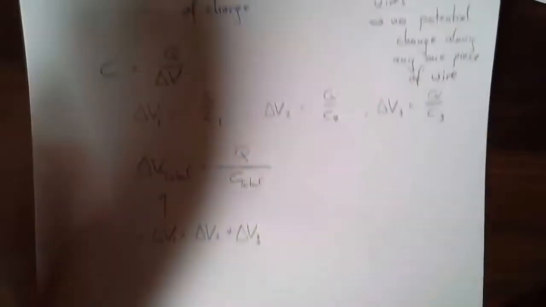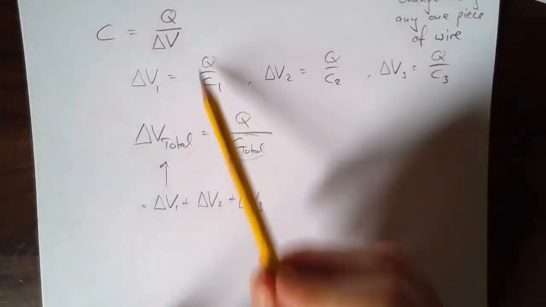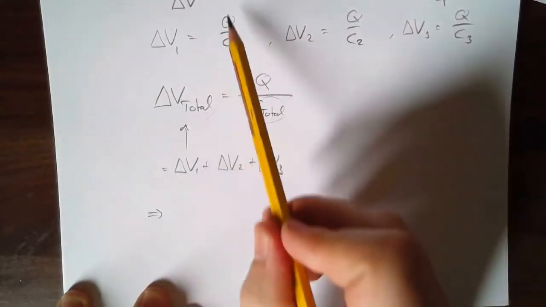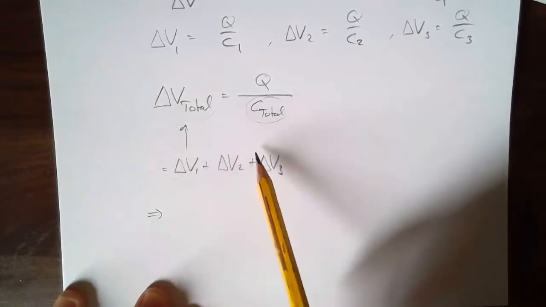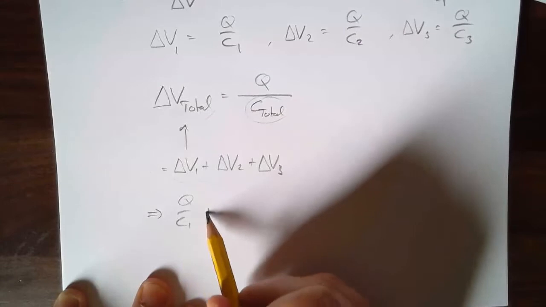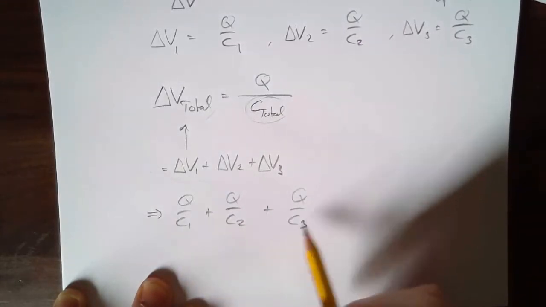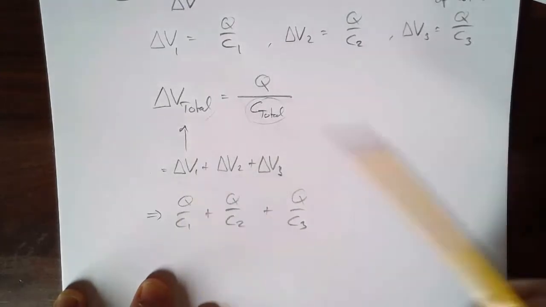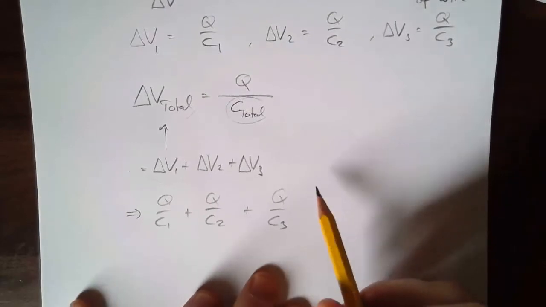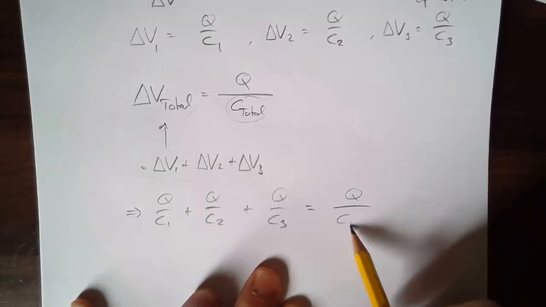Okay, so now you've got this, and you've got an expression for each of those. So what do we get when you plug these into here and set that equal to this? We're going to get Q over C1 plus Q over C2 plus Q over C3. And of course, if I had more capacitors, say 4, 5, 10, 100, I'll just add more to this list. That is equal to Q over C total.